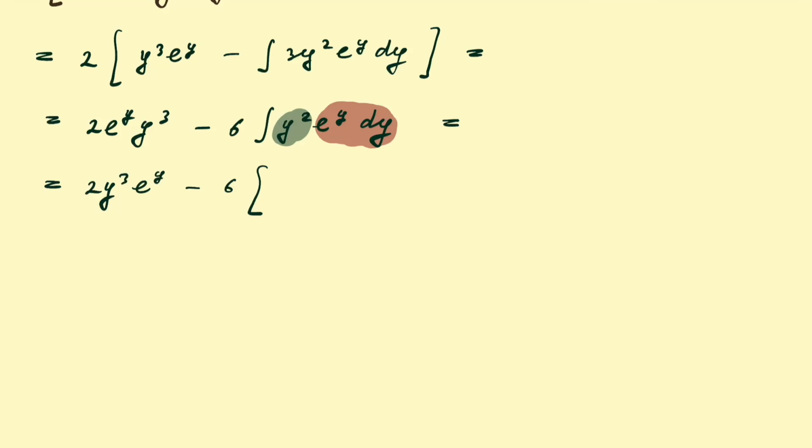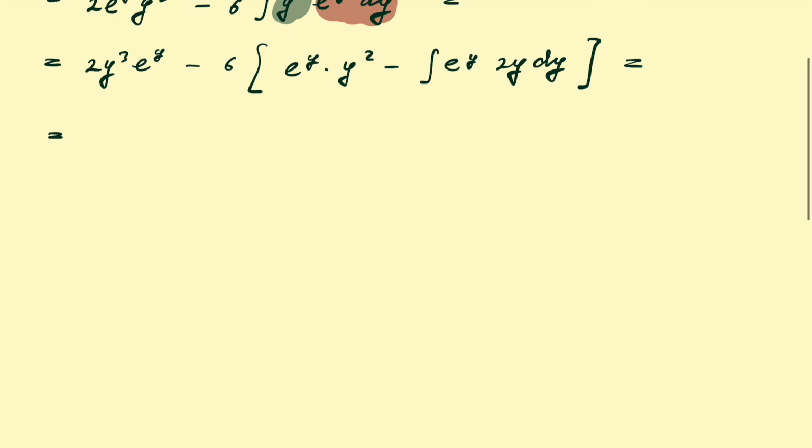Well, y squared is the function we'll differentiate later on, so first we need to find the antiderivative of e to the y, which is e to the y. So we have e to the y times y squared minus an integral of, we just copy e to the y and differentiate y squared, which is 2 times y dy. That's it. Great.